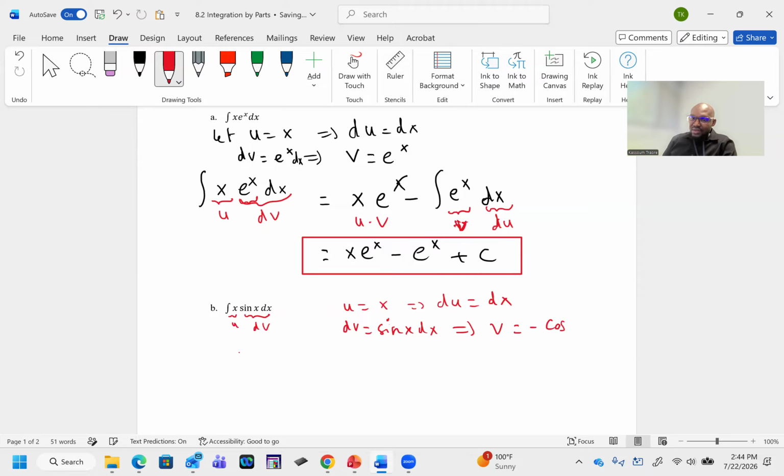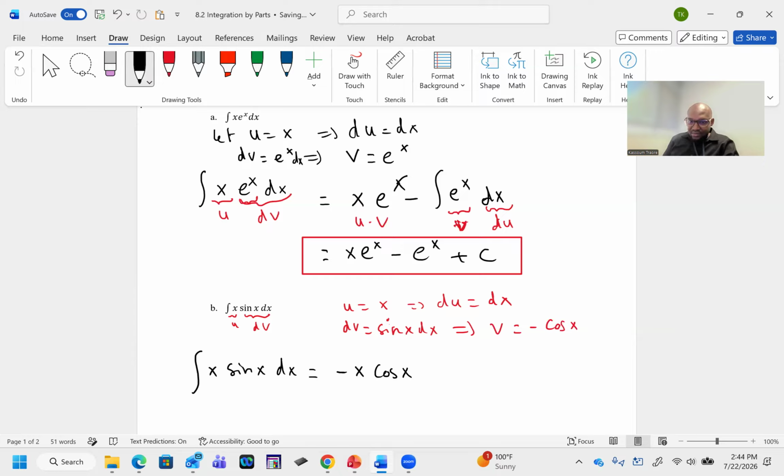Negative cosine x. So that is why, again, if I'm asked to find the integral of x times sin x dx, it will be u times v. My u is x and my v is negative cosine x. So I will have negative x cosine x, right?